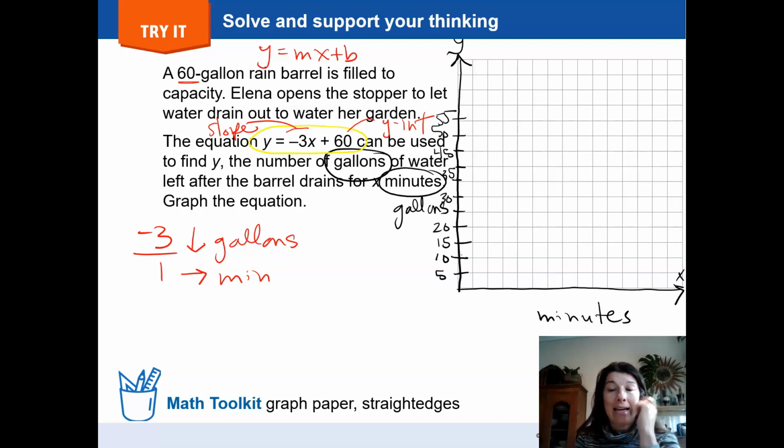So the question is, let's do some math. Oh, we need to go up to 60, silly Miss Fergus. If we have 60 and it's going down 3 every minute, how many minutes will it be completely out? How many groups of 3 are in 60? 20. So with some mental math, you can figure out that we need to go over to at least 20 here.